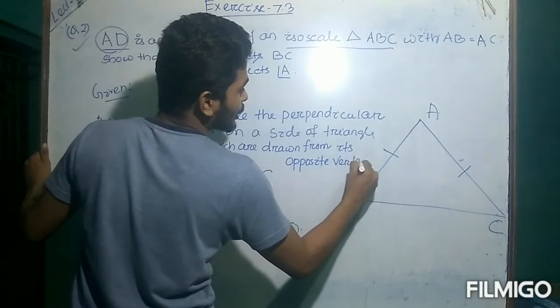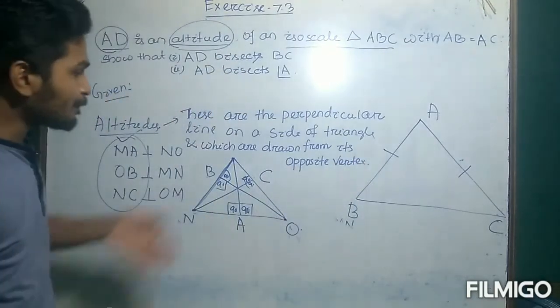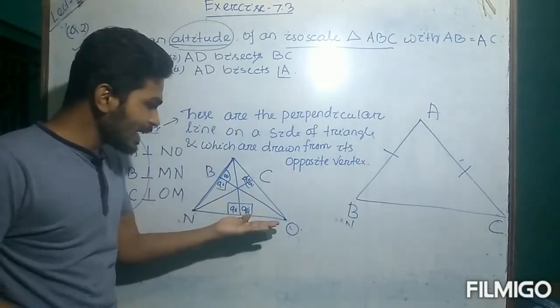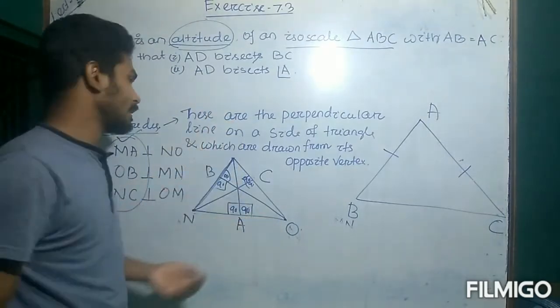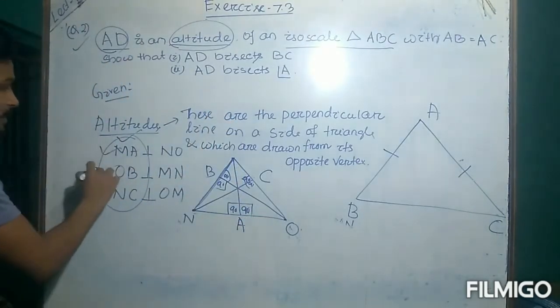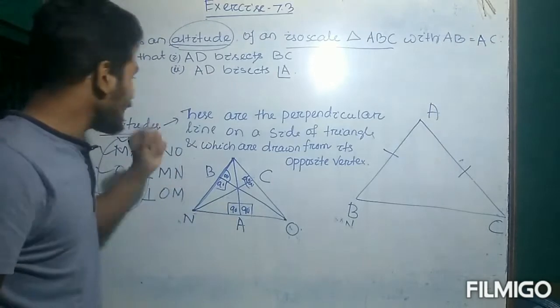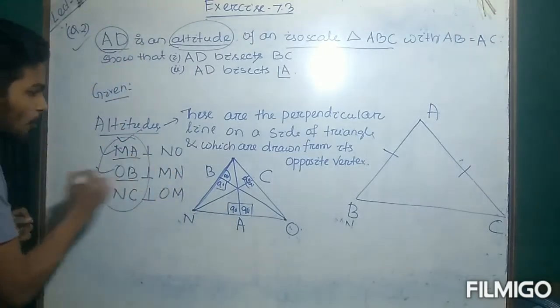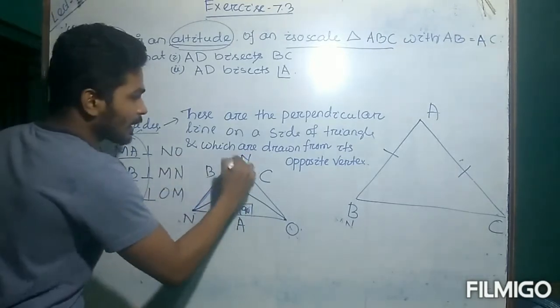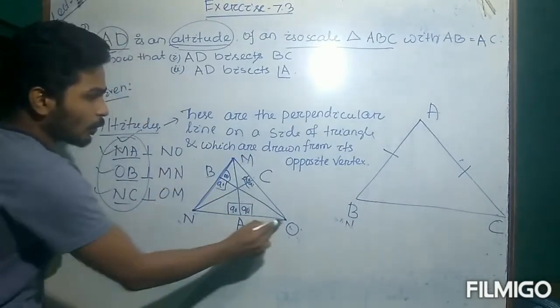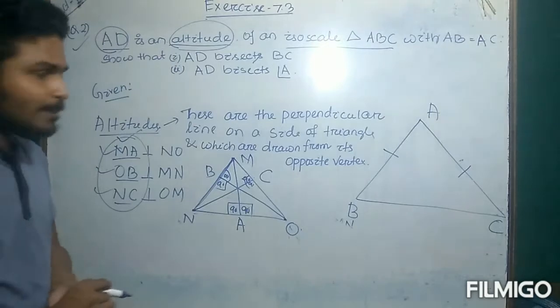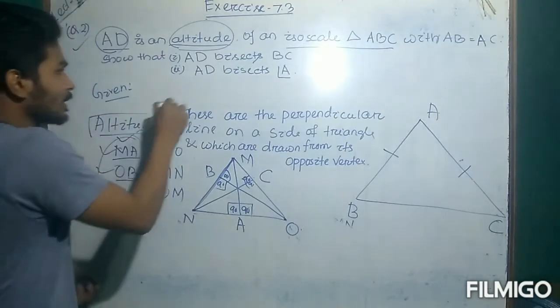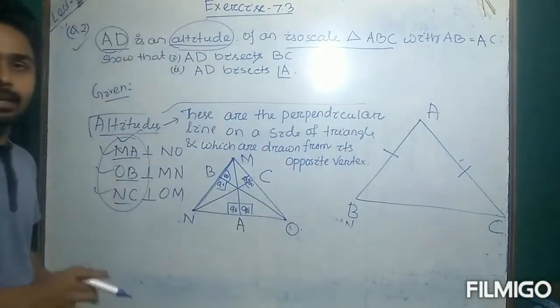This is important. To draw an altitude on any side, you have to start drawing from its opposite vertex. So a triangle at most has 3 altitudes. Here the 3 altitudes are MA, OB and NC. The concept about altitudes is clear.